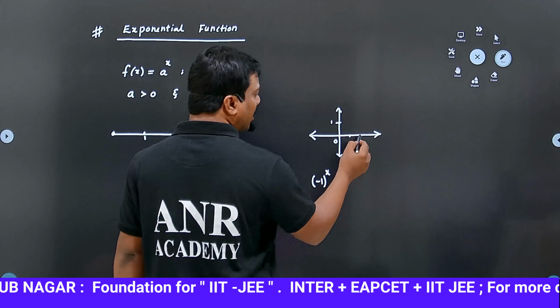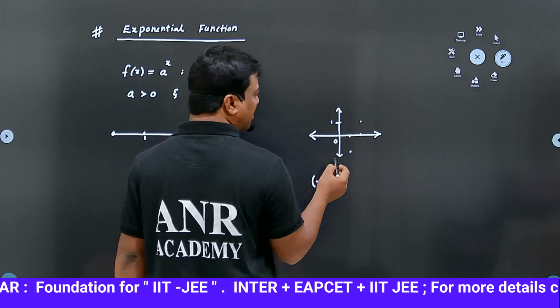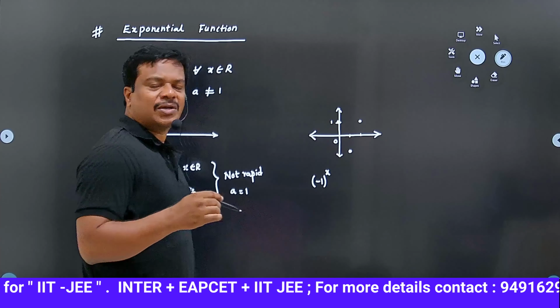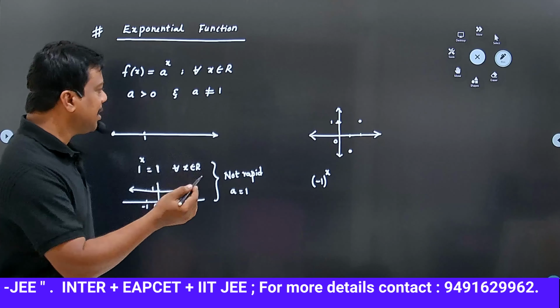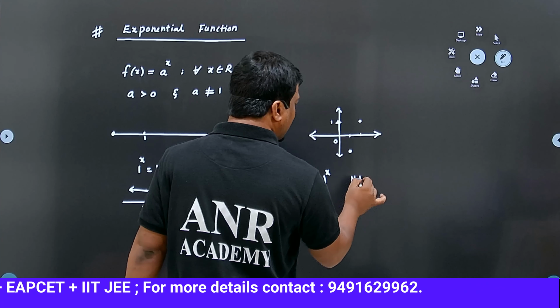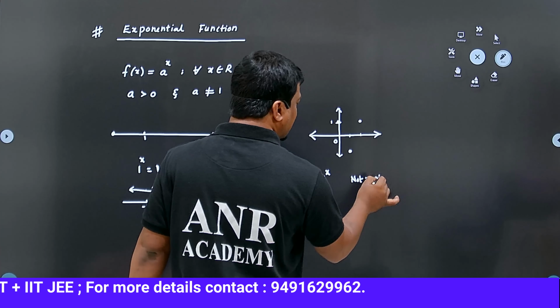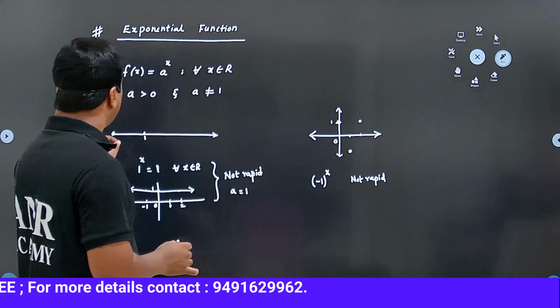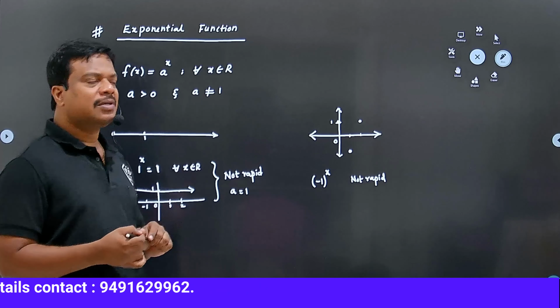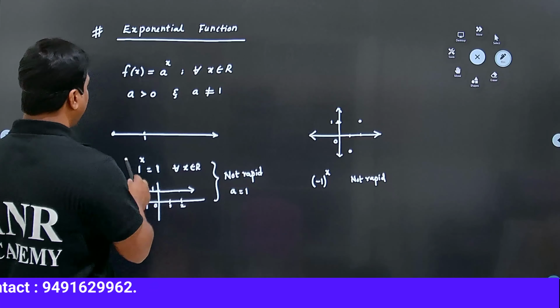When you put x value 2, it is again plus 1. So sometimes 1, sometimes minus 1, sometimes 1. So increasing, decreasing, increasing, decreasing, like that. So it is also not rapid. So due to these two reasons, a must be positive and not equal to 1.